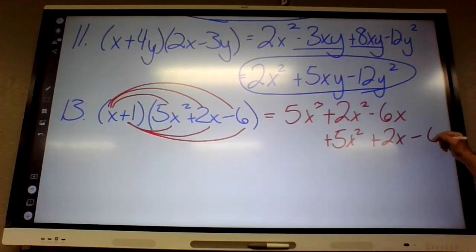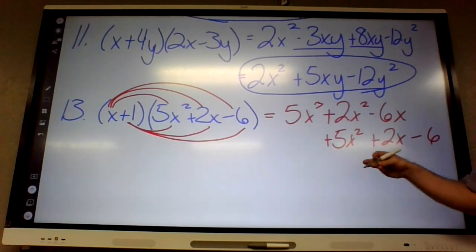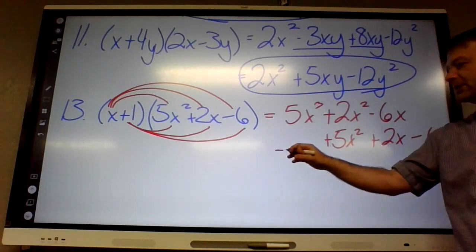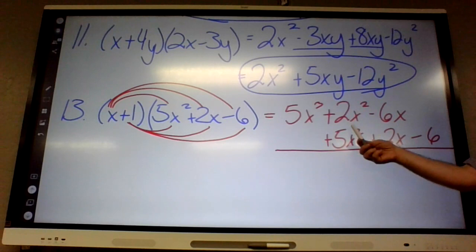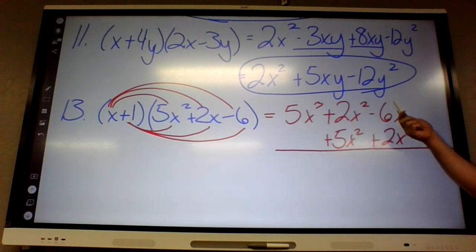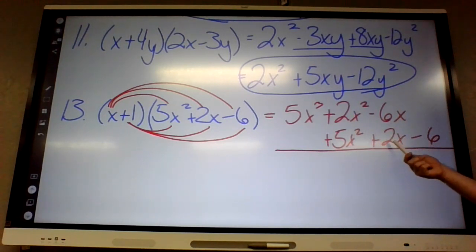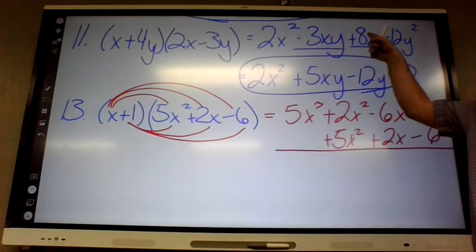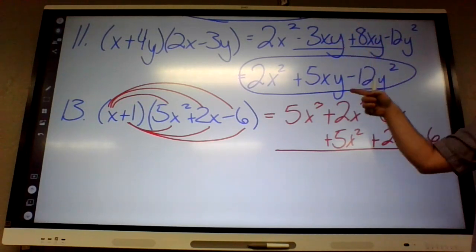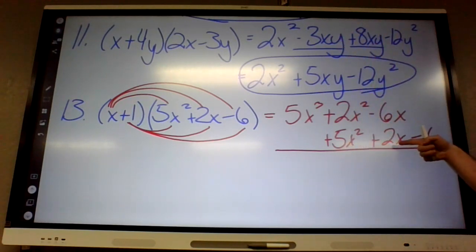Now, why did I just write that right there instead of out here? Besides, I'm out of room. Any ideas? Okay, the way that I wrote it, my like terms are lined up. You guys see that? On the last ones, we just had a couple like terms, but this time we have 2 pairs of like terms.